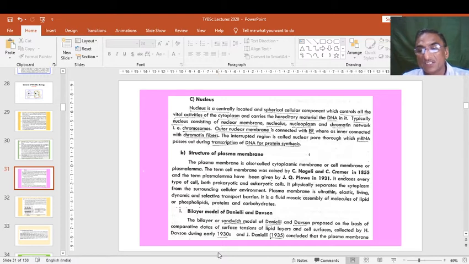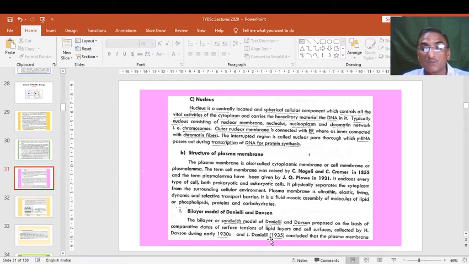It is on the basis of comparative data available regarding the surface tensions of lipid layers and cell surface, collected by H. Davson during the early 1930s and J. Danielli during 1935. So within that period of 5 years, these two scientists identified different models.